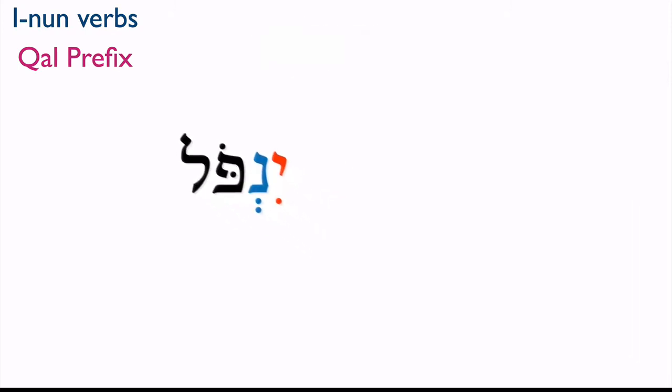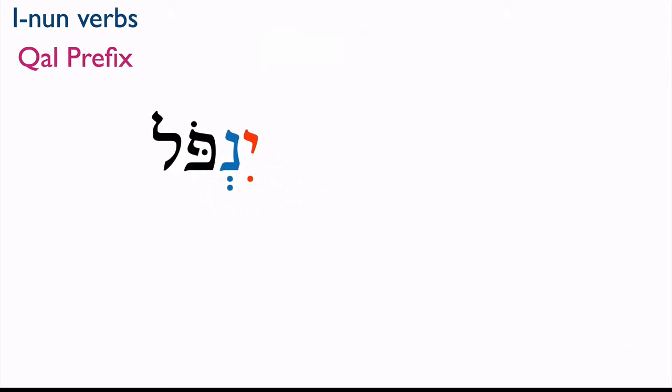That's what we're going to want to manipulate just a little bit to see how this forms. So if this were a strong verb, it would be yinpol. But what a first nun verb will do is that nun is going to assimilate to the second root letter, which means that the prefix form will not be yinpol, but will be yippol. And if you want to know where did our nun go, it shows up as a dagesh.